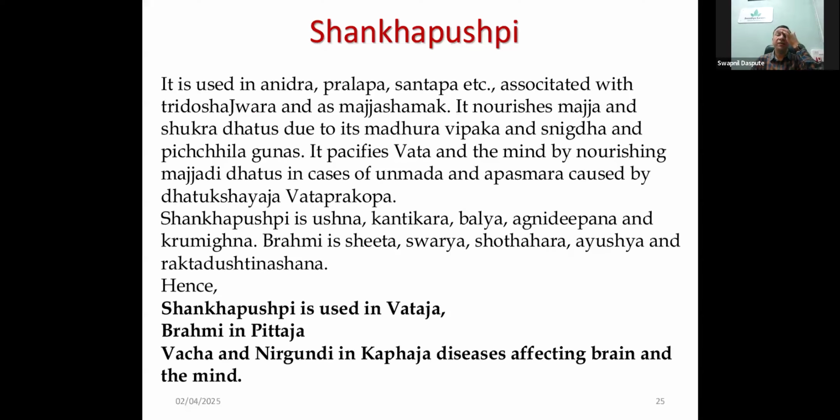It's not that it will have a slow effect. It is something which can be taken for a longer time. Hence, that sentence in the previous slide, that it will gradually reduce the Unmada. So it's not that it has a slow action, but it can be taken on a longer term.